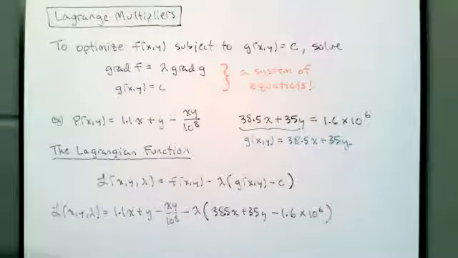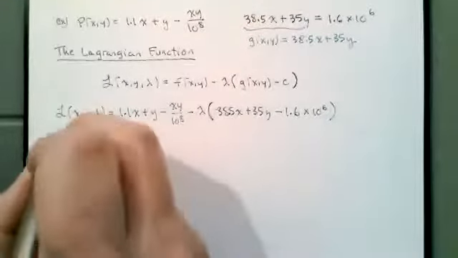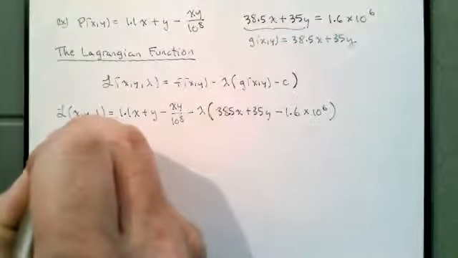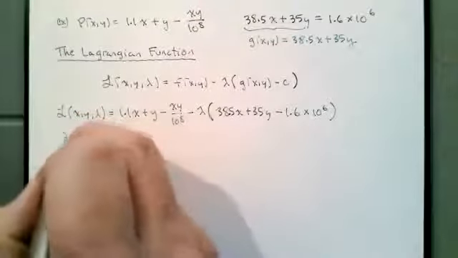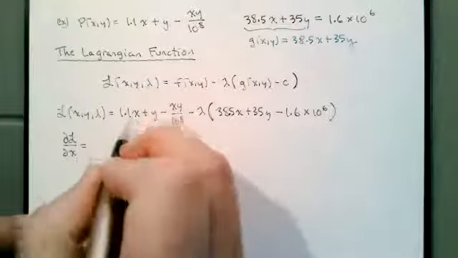So let's find the partial derivatives with respect to x, y, and lambda. Scroll. There we go. So the partial derivative of L with respect to x, we're going to have 1.1.